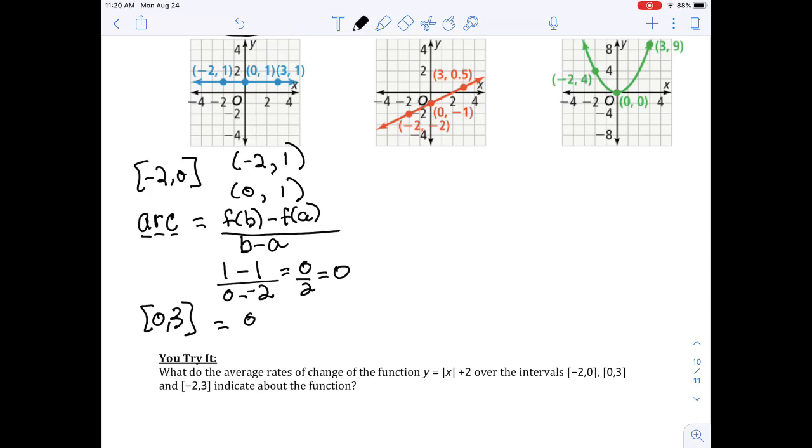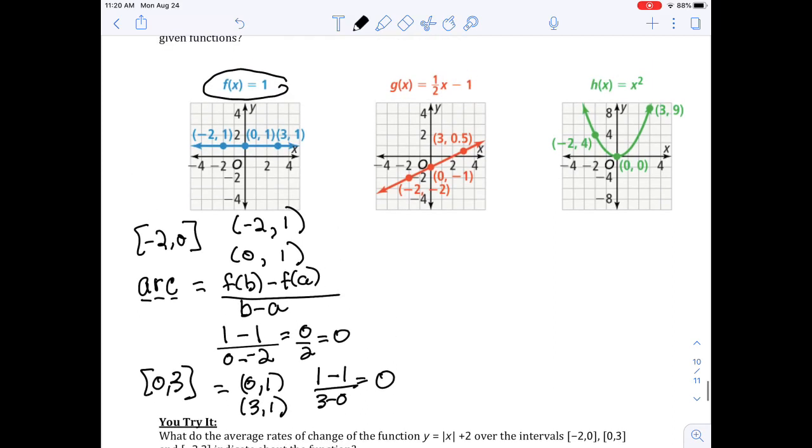All right. So then I need my ordered pairs: 0, 1, and then 3, 1. And then I'm going to do my slope, my average rate of change. 1 minus 1 over 3 minus 0, which is 0. So look at my average rate of change, it isn't different.